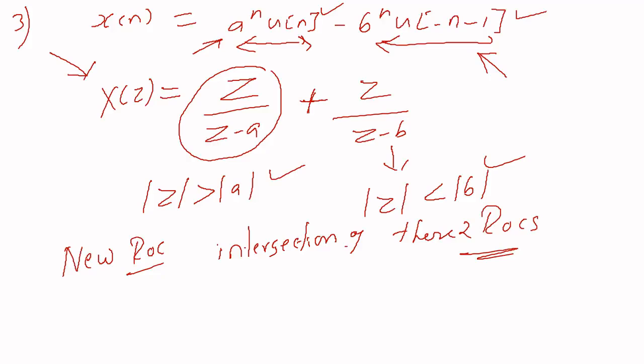Intersection. But let us try to visualize this one. Look, let me use some other color to have more clarity. This part is telling me the region of convergence is greater than a. It should be greater than a.